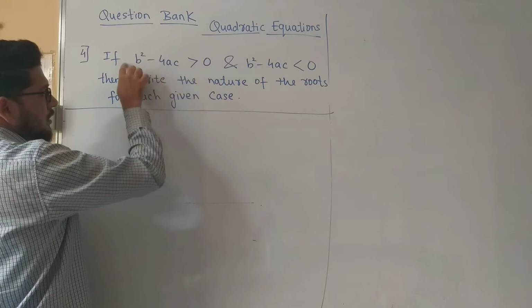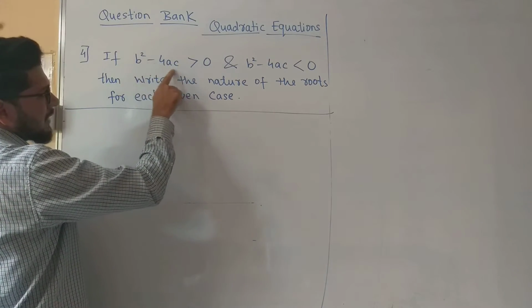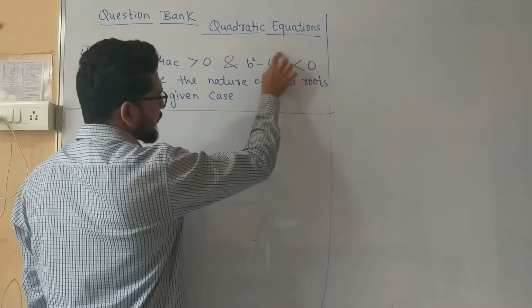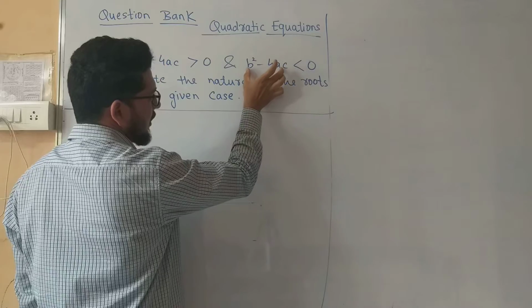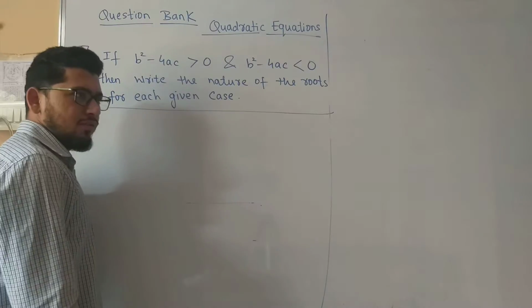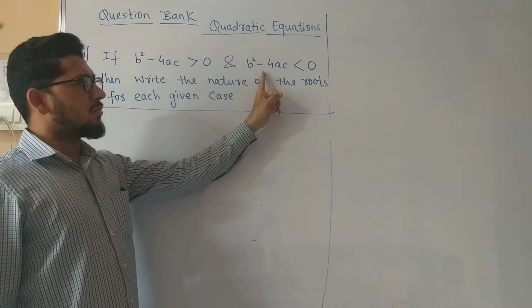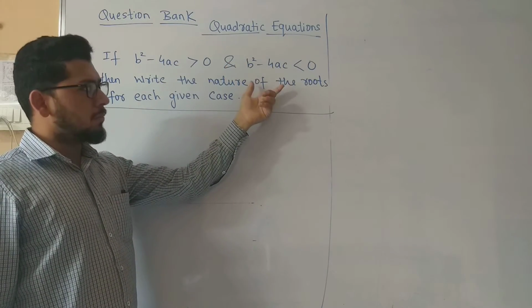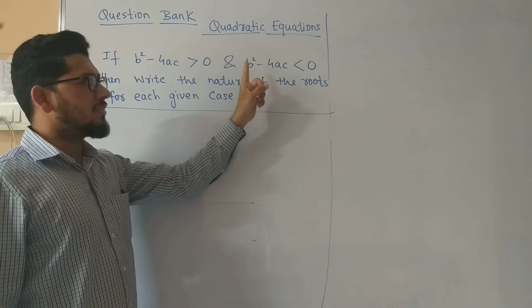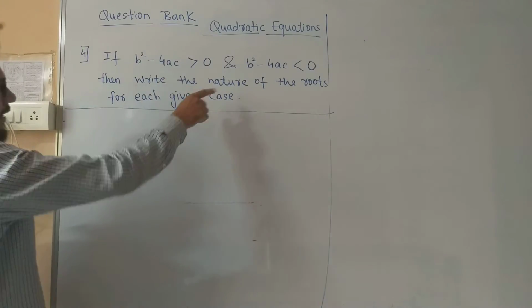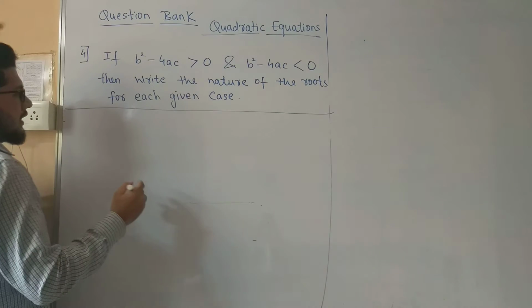If b square minus 4ac is less than 0, the value of this term will give you a negative integer, which means the value is less than 0.